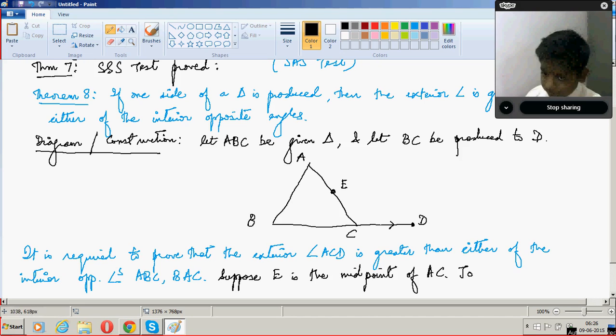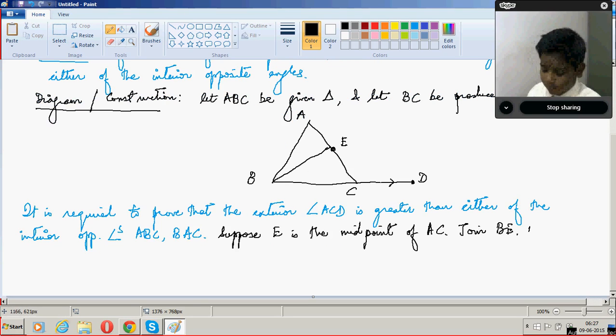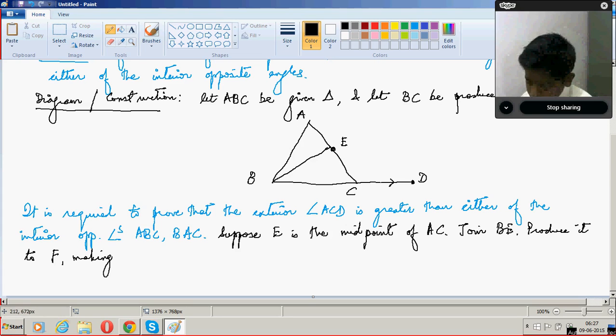Now join B to E. Then further produce it to F, making EF equal to BE.